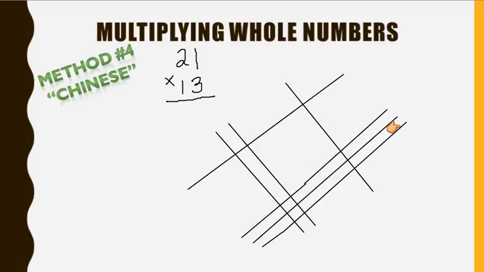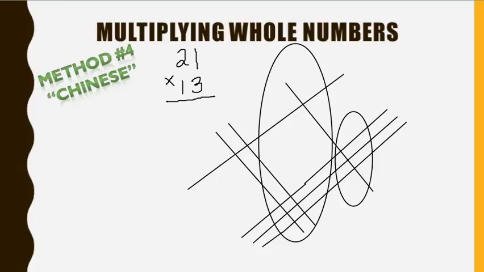Okay? And then we're going to circle. We have this section here, this middle section here. Oops. I'm running out of space, let me try that again. And then this section here. And then you basically count the intersections.